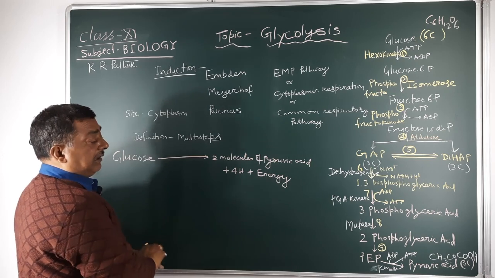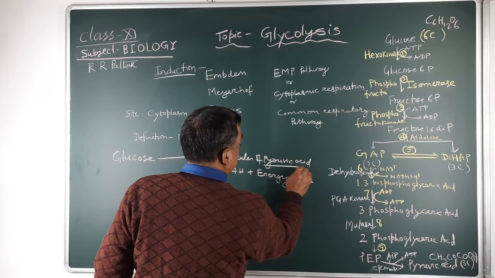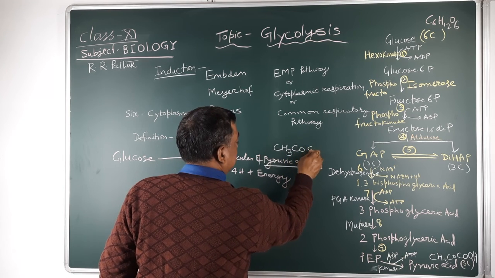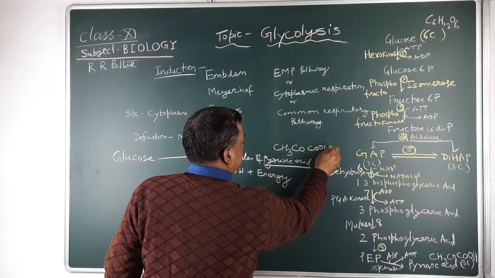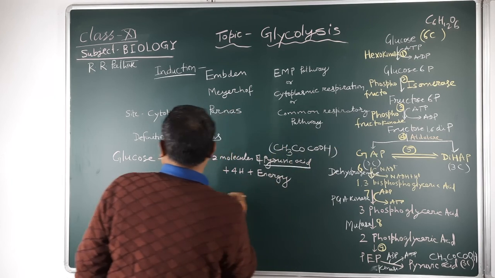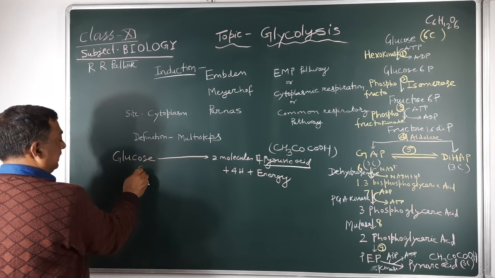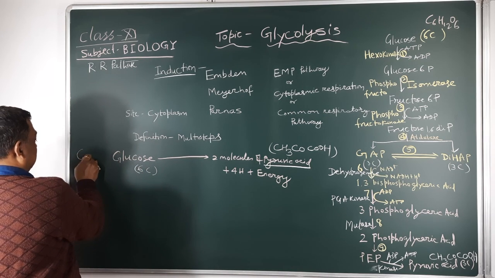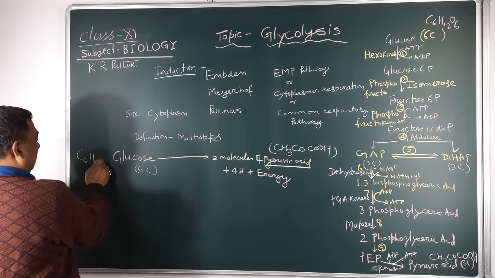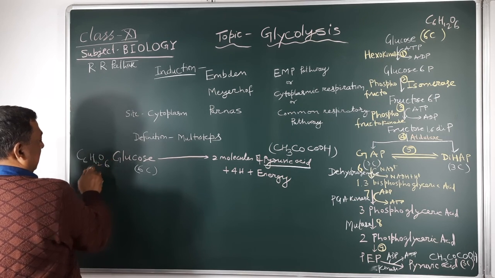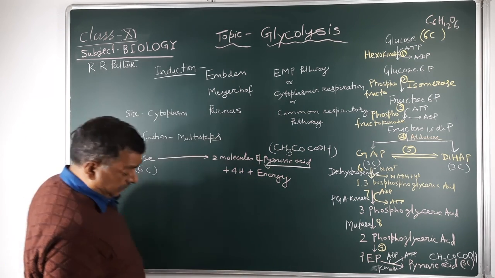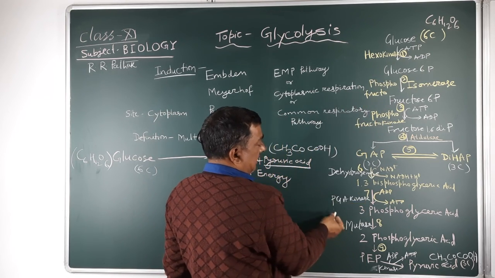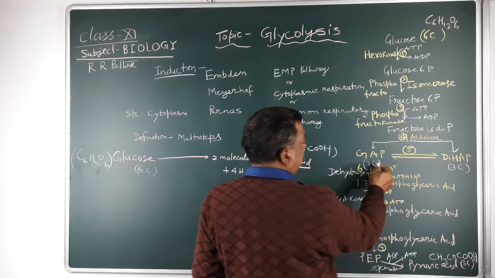Pyruvic acid is a 3-carbon compound, while glucose is a 6-carbon compound. Each step of glycolysis is enzyme mediated.